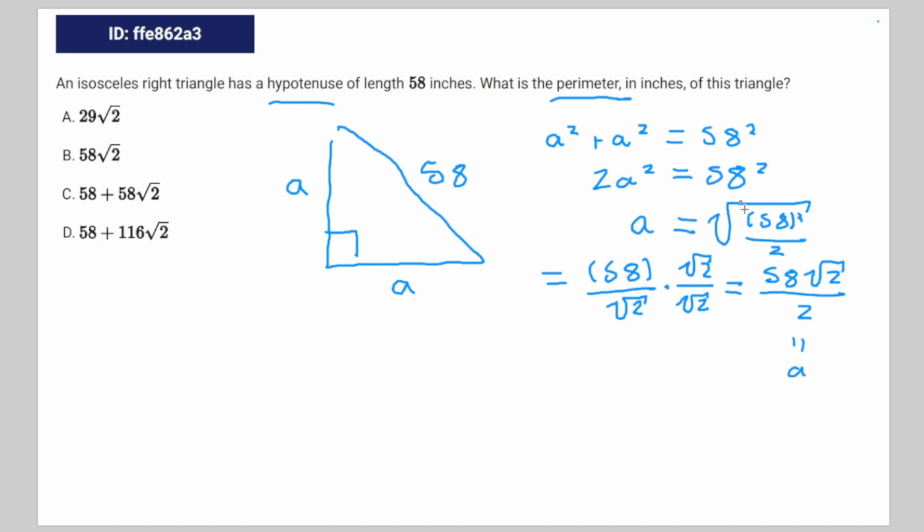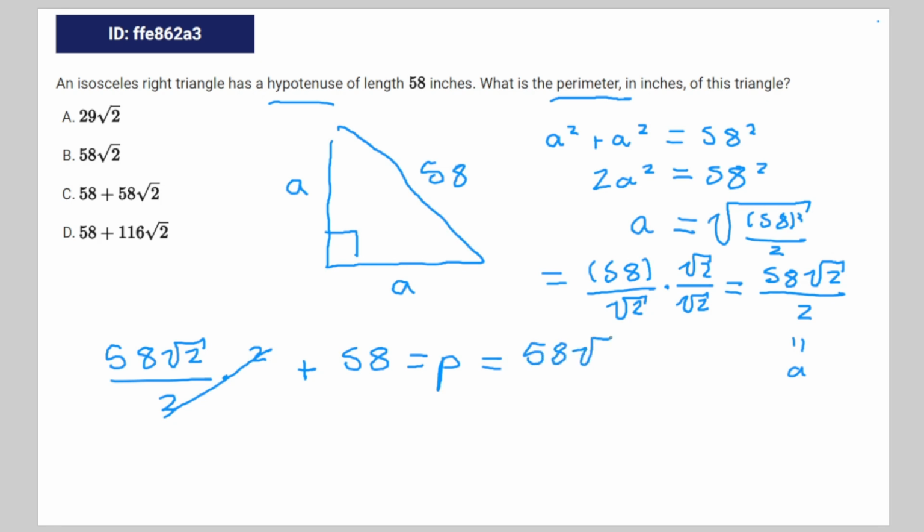So to find the perimeter is just going to be 58 times the square root of 2 divided by 2 twice, so cancel out the 2, plus 58 is equal to the perimeter, which is equal to, I'm basically just rewriting it at this point, 58 times the square root of 2 plus 58, which is the answer choice C, and that is the correct answer.